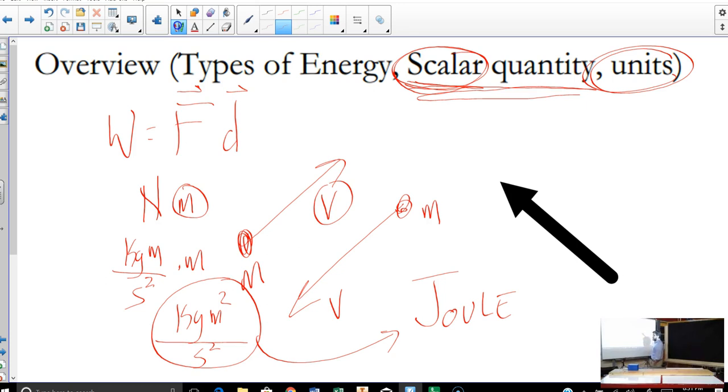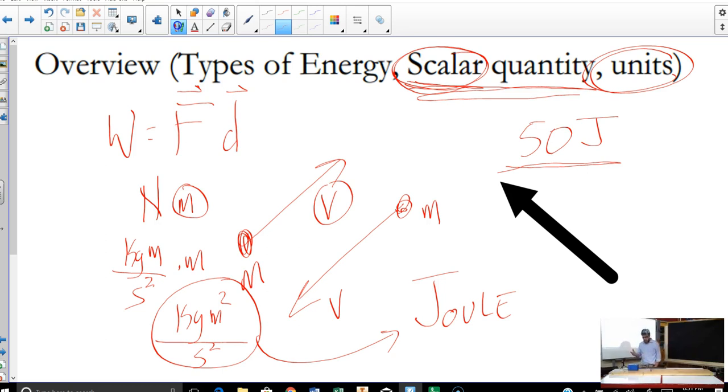Capital J. So if you have a measure of 50 joules, that's an amount of energy. Actually, it's not all that much energy. 1 joule is really not a large amount of energy. So keep that in mind as well. You may get very large numbers. A moving truck has quite a number of joules. It's not going to be 50. So keep that in mind as we go.